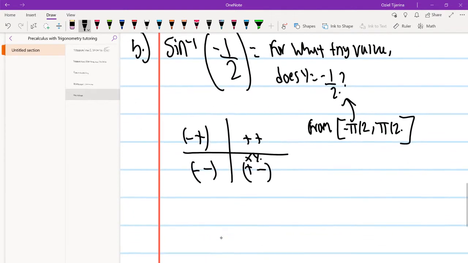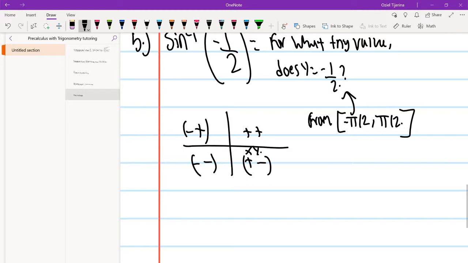I believe negative pi over 2 is located right here.